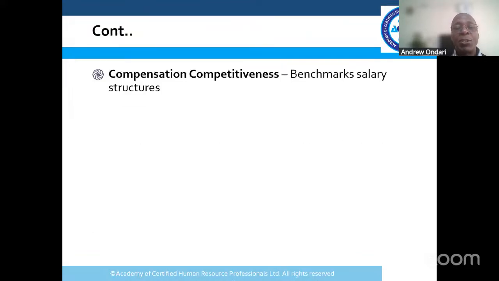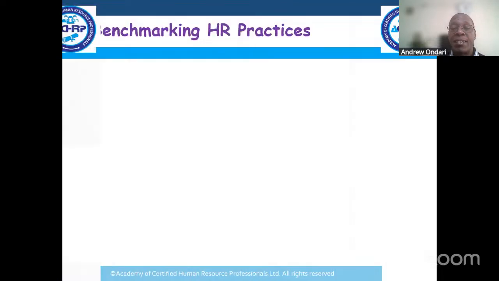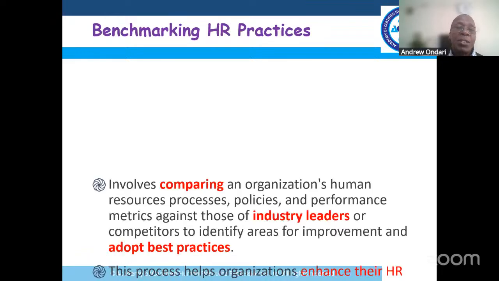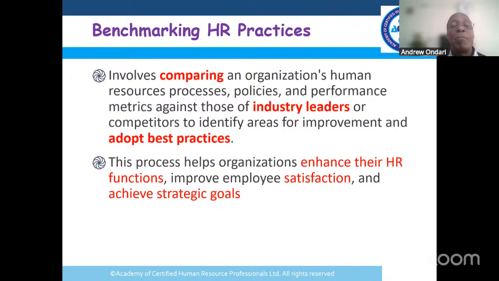In compensation and reward management, we do benchmarking with others in the industry. So having mentioned that benchmarking is very important, let us now look at benchmarking HR practices.